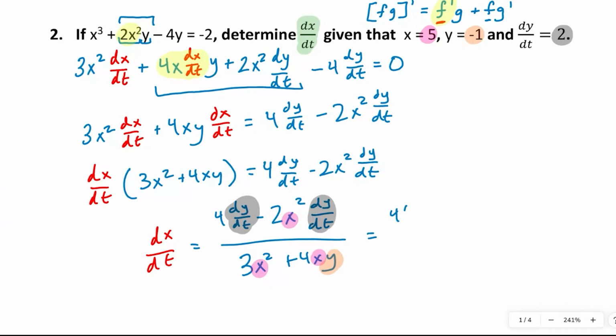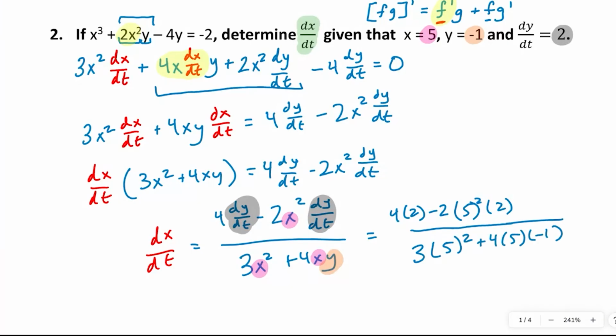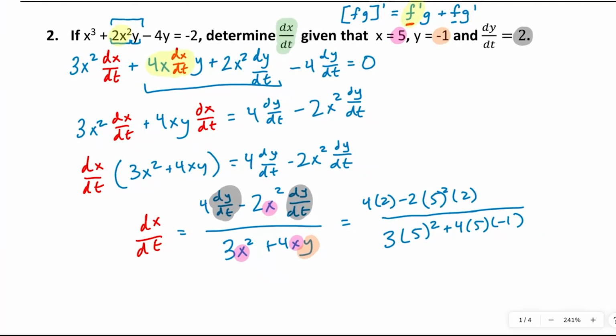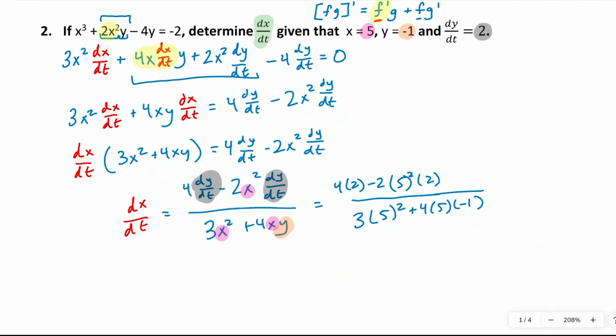So 4 times 2 minus 2 times 5 squared times 2 all over 3 times 5 squared plus 4 times 5 times negative 1. That's basically your answer.